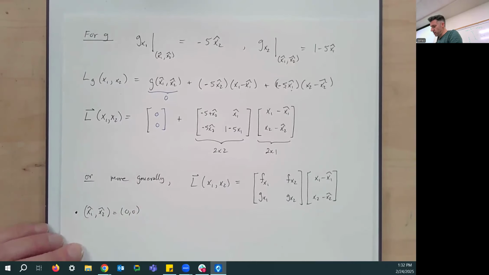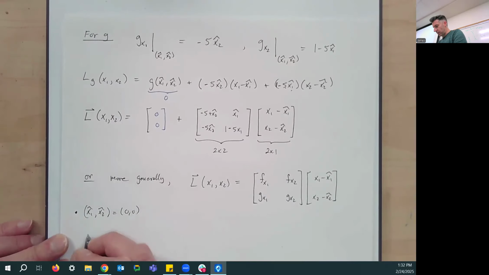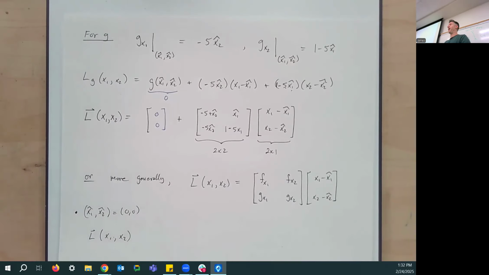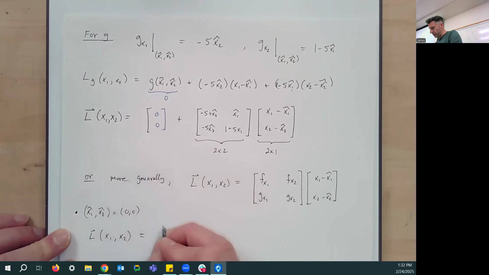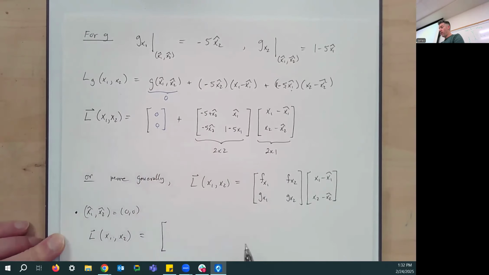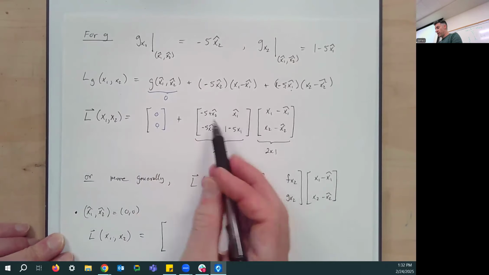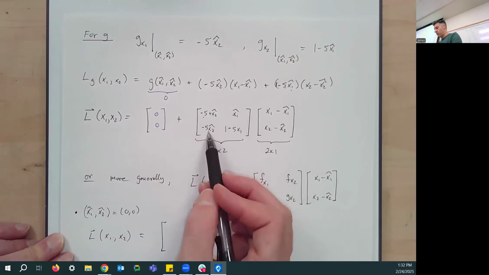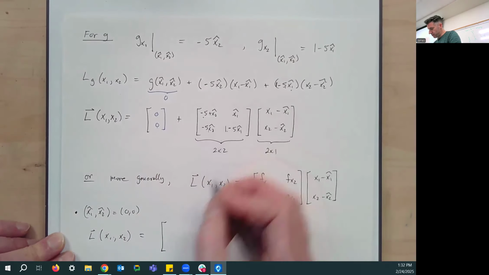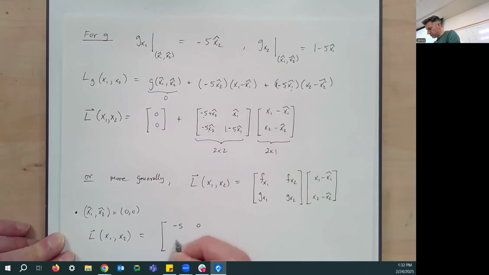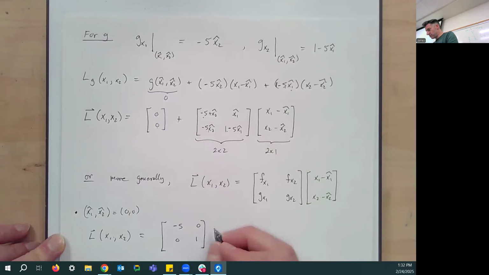For this one, we're going to get the linearization of x1, x2 is going to be 0, 0 plus, here's our 2 by 2 matrix. We're plugging in 0 for each of the hats: negative 5, 0, 0, 1, times x1 minus 0, x2 minus 0.